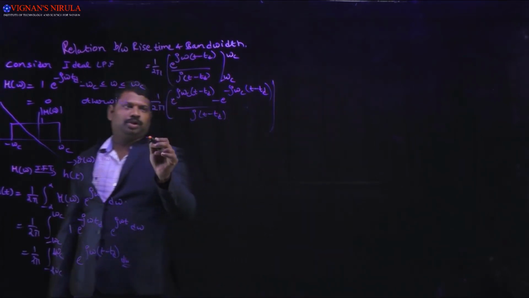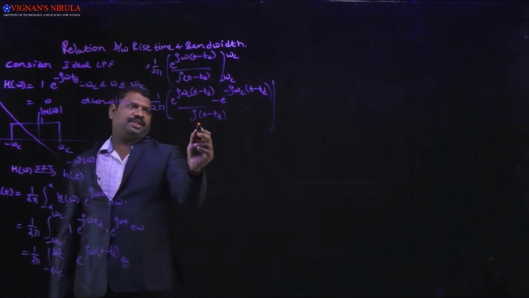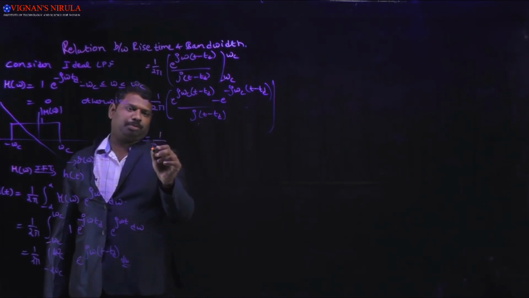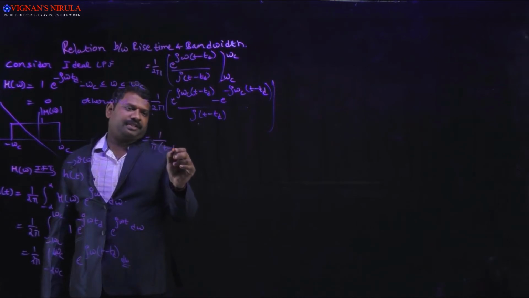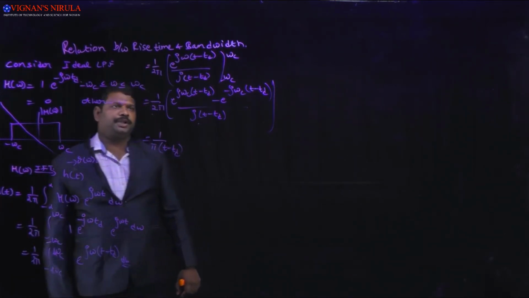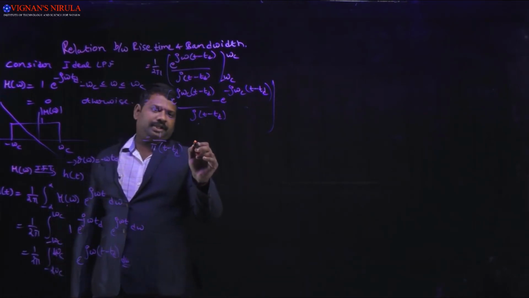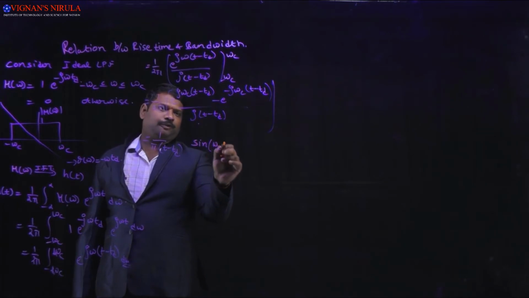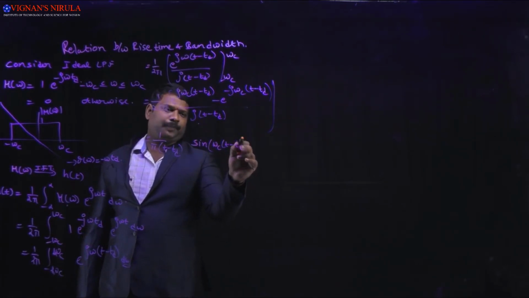Then it is equal to, take the 1 by 2 pi and the (t minus t_d) to this side. Therefore, the entire thing will be equal to sine of omega c (t minus t_d).